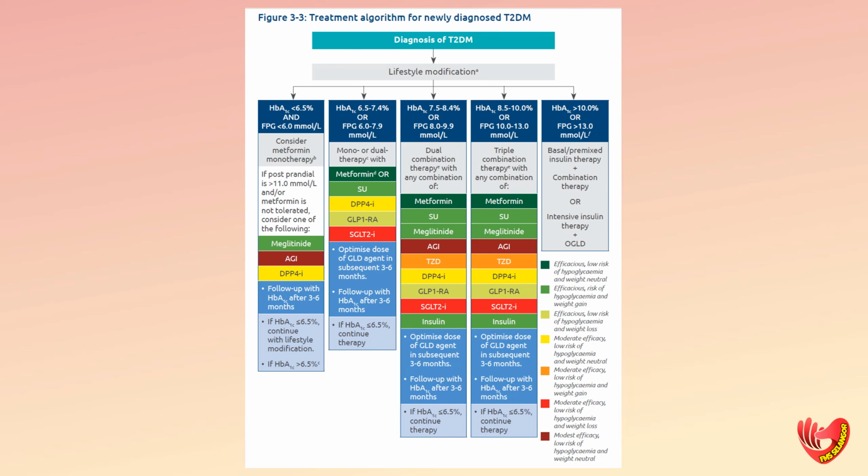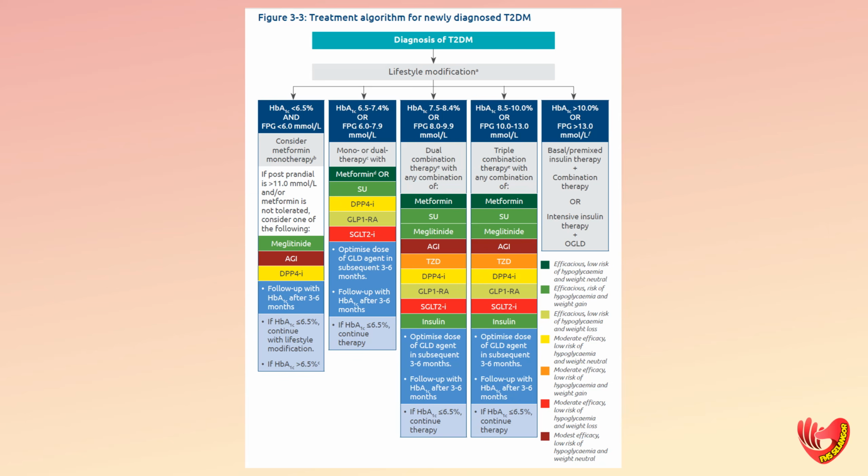If HbA1c is less than 6.5% and fasting blood sugar is less than 6, you can start on metformin monotherapy. However, if postprandial is more than 11 millimoles per liter and/or metformin is not tolerated, you may consider giving meglitinide, alpha-glucosidase inhibitor or DPP-4 inhibitor.